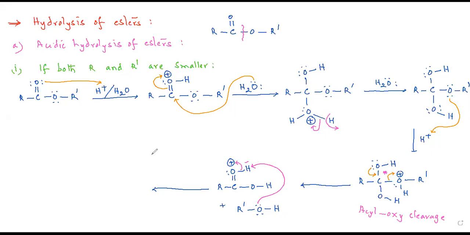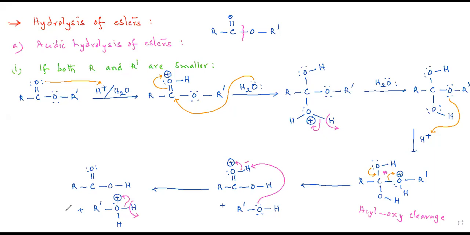Even that way, we can remove R, C, double bond O. This is of course OH. But here in this case, R dash, O, H, this. Now here you can remove the H plus using a water molecule.